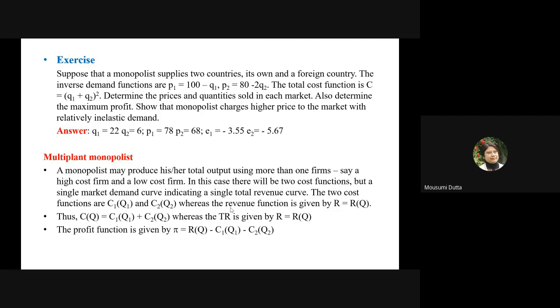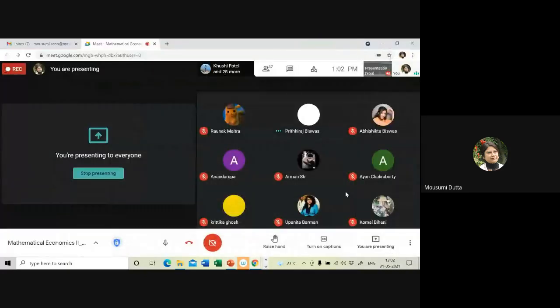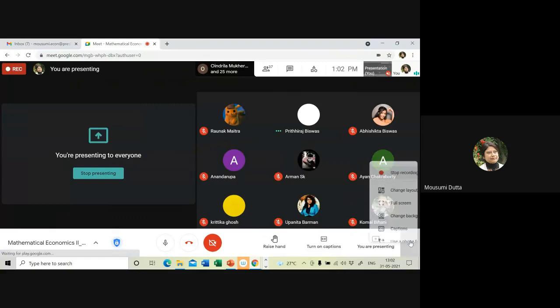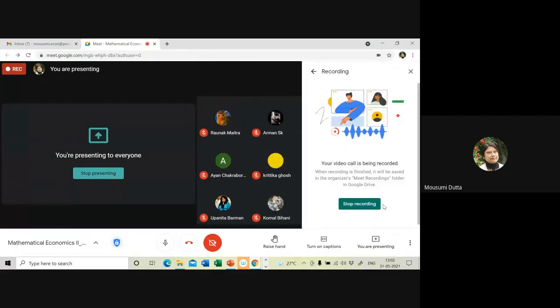Then we will talk about duopoly, Cournot duopoly. So all these things will come one by one. By the way, everyone got the idea how to do the first order, second order, and find the result?